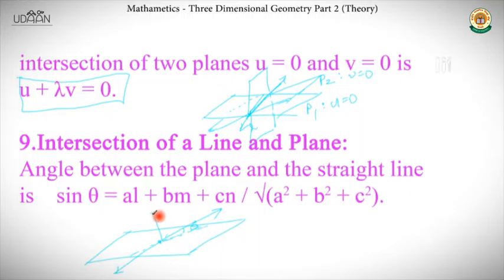Now n is normal to the plane. So the angle between the normal to the plane and the line is pi by 2 minus theta. So cos(pi/2 - theta) is (al + bm + cn) divided by the root of a square plus b square plus c square, which is the same as sin theta. This is the expression for the angle between a line and a plane which are intersecting each other.